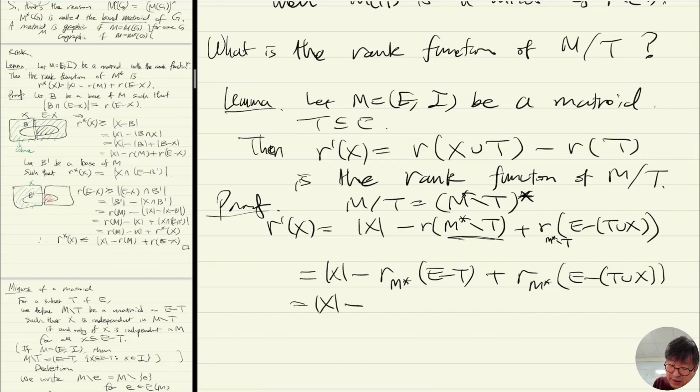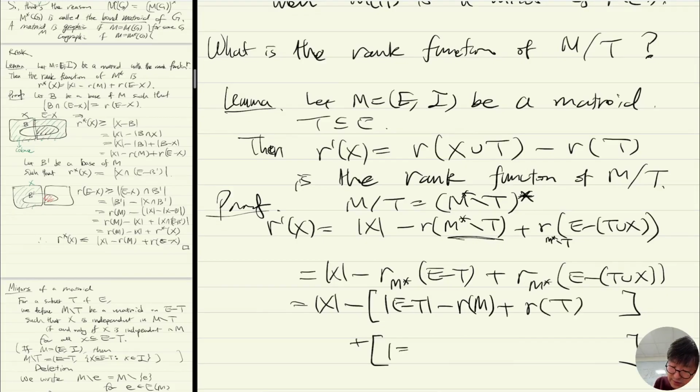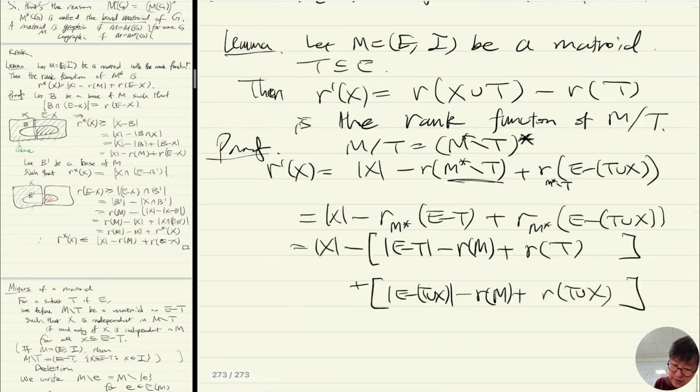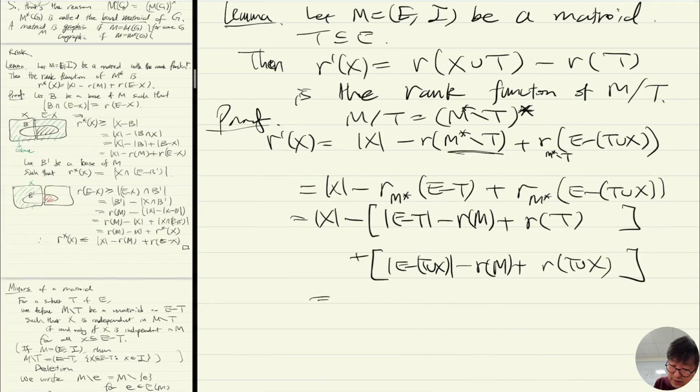Now let me put those things together. E minus T minus rank of M plus rank of the complement. The complement is T. And you will see that everything cancels out.